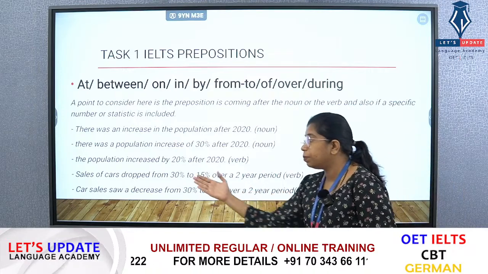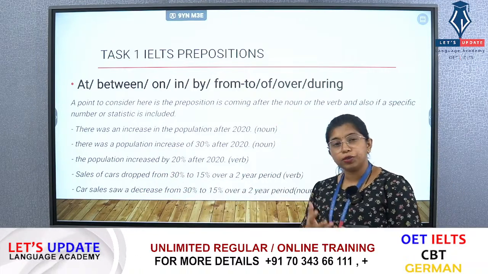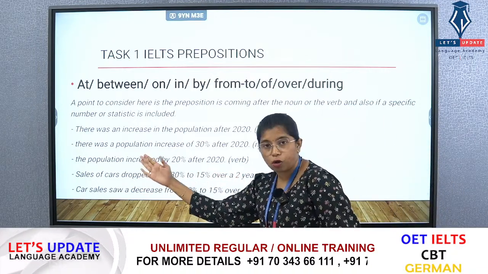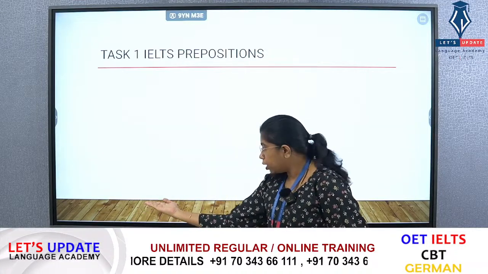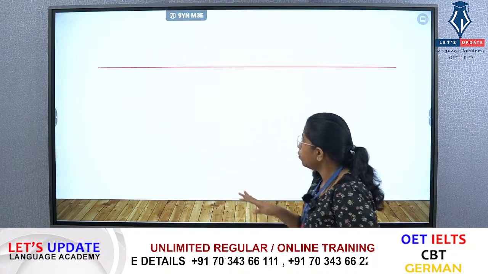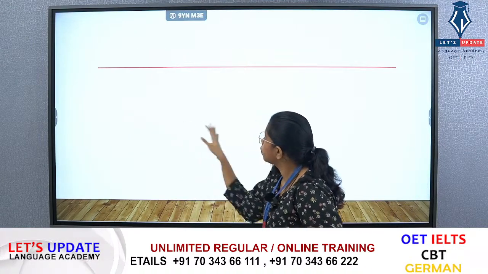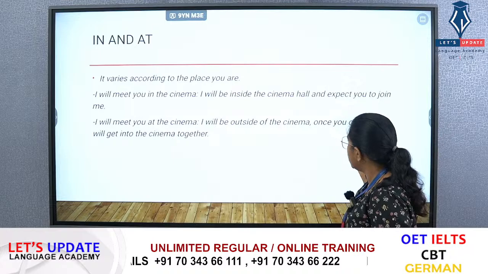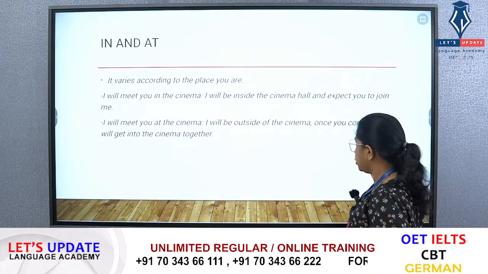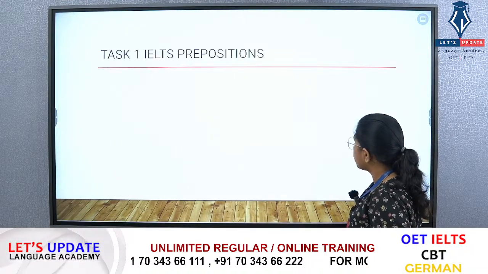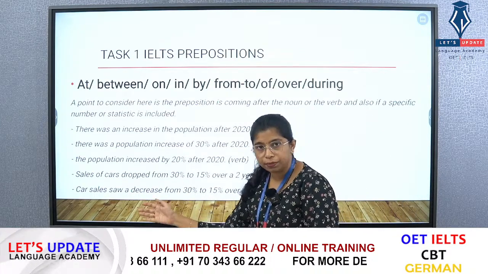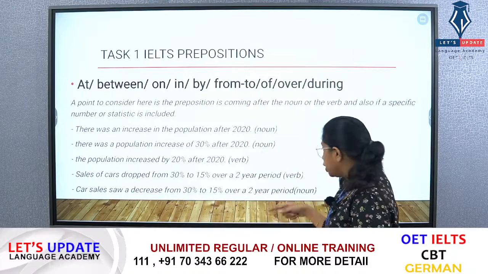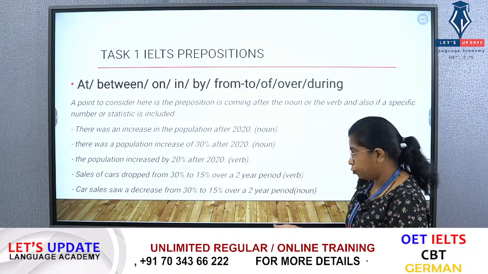If you are using the same vocabulary, if you use drop here and the same drop here, it can also be helpful. Okay, so we are using the same word but we are changing the verb and noun forms.